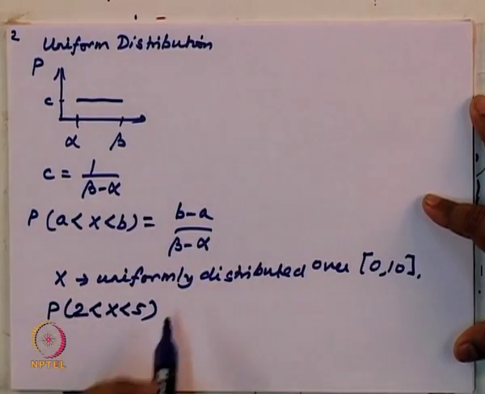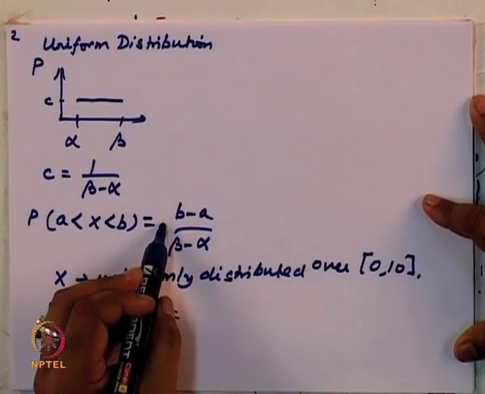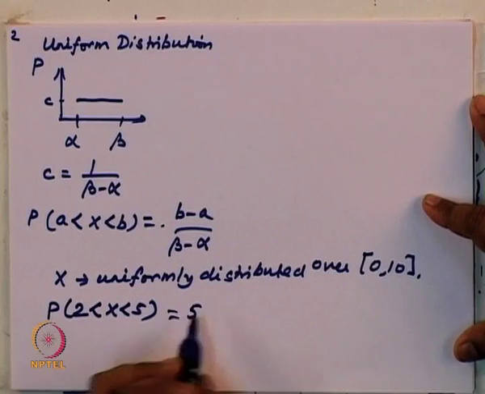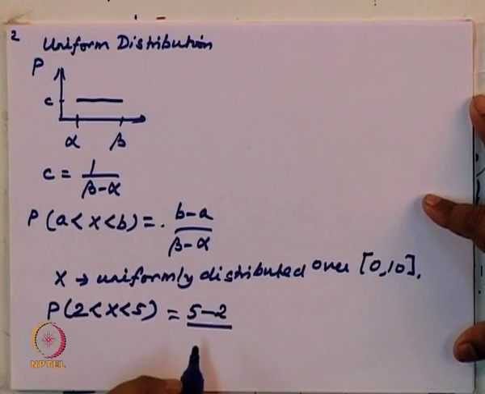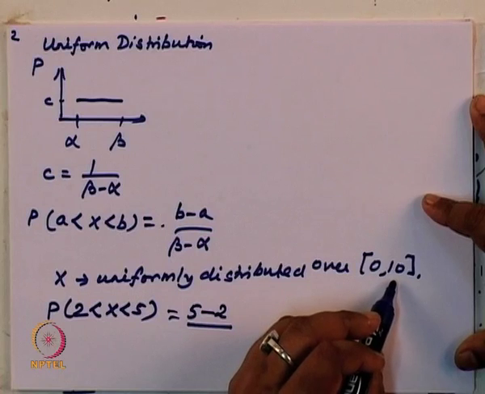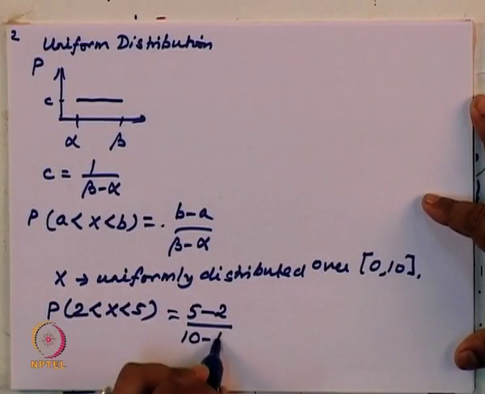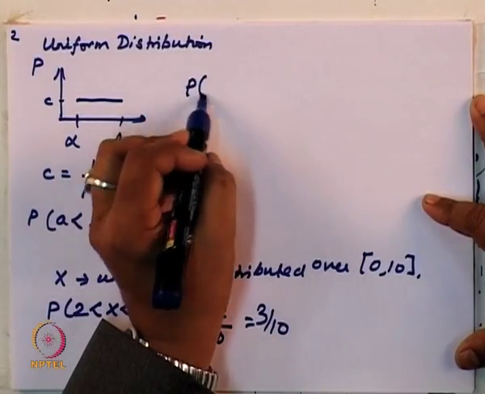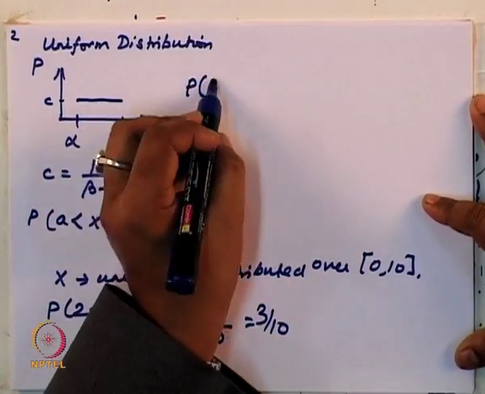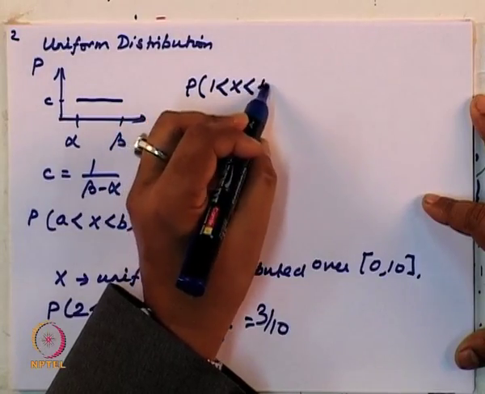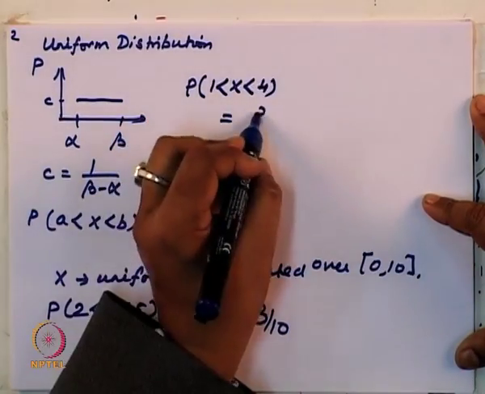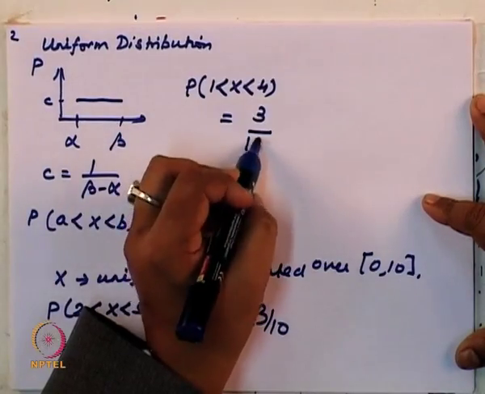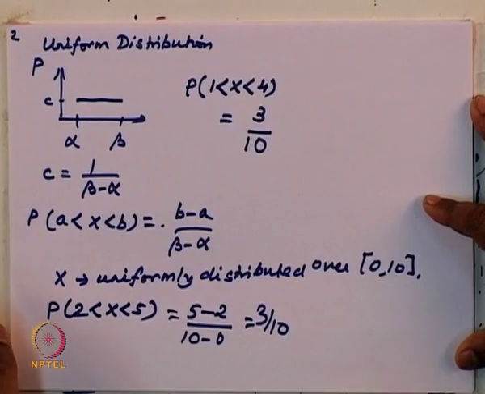As you know from this example, b is equal to 5 and a is equal to 2, so this probability is 5 minus 2 over beta minus alpha, which is 10 minus 0, equal to 3/10. Similarly, the probability of 1 less than x less than 4 will return the same value, 3/10.